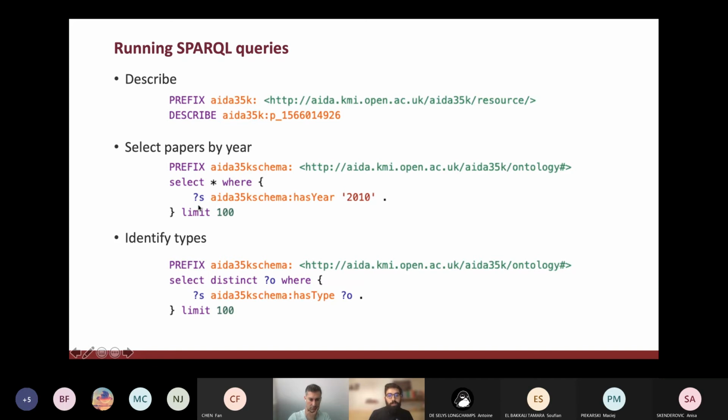So you can get all subjects that have been published in 2010. Of course, we don't know exactly how many papers there will be, so we can limit this to 100, because imagine we have 1 million papers. It can take a lot of time for GraphDB not only to retrieve this large amount of data, but also to print them, because the printing has its own cost. So you have to structure it in a table and so on.